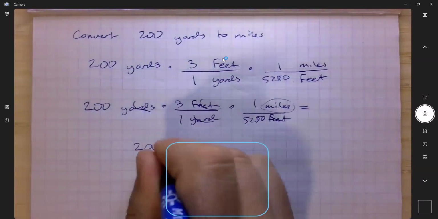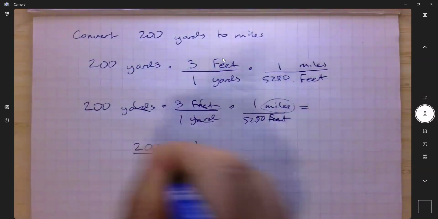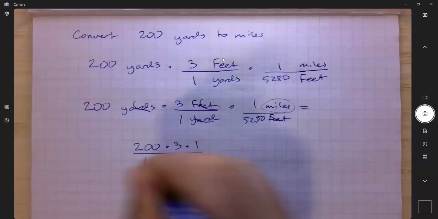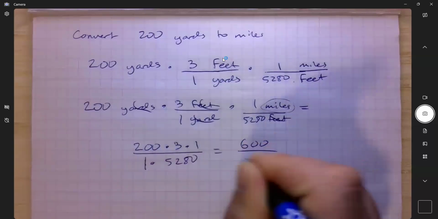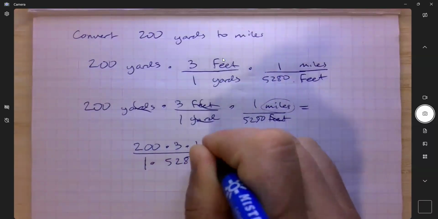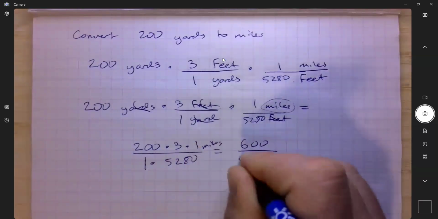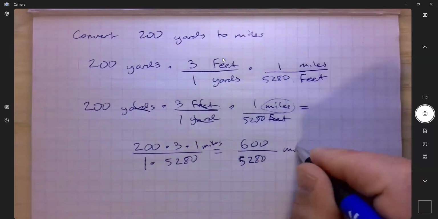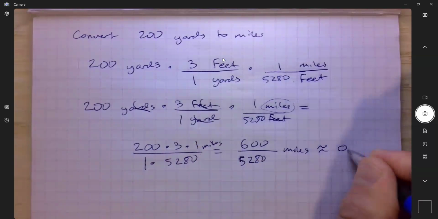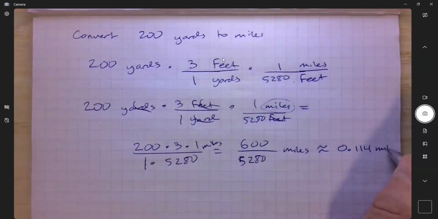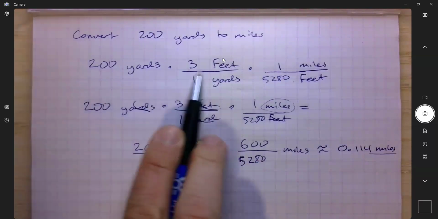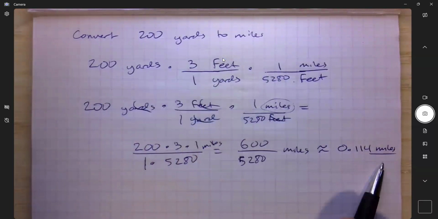And I have 200 times 3 times 1 divided by 1 times 5,280, which is 600 over, oh, I forgot my units, miles, which is 600 divided by 5,280 miles, which is about 0.114 miles. I started with yards. I went through feet to get to miles.